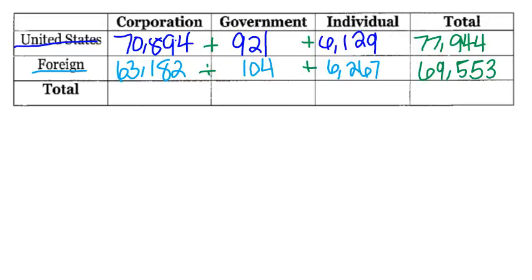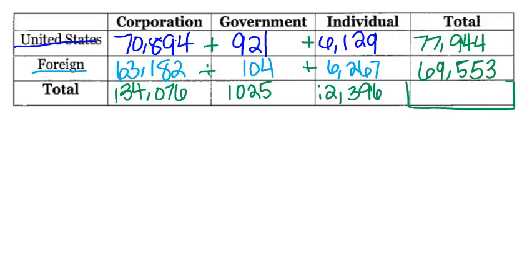Then I'm going to add the columns down. All the corporation patents added together give me 134,076. All the government patents together give me 1,025. All the individual patents give me 12,396. And then what happens right here gives me the total of the total, the total patents all together.